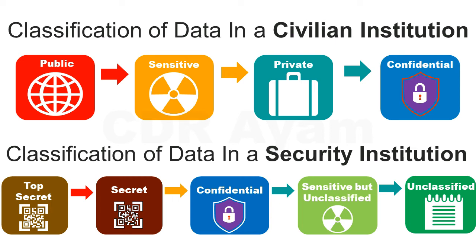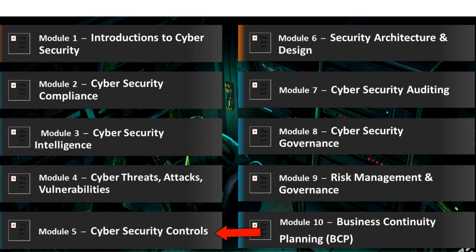Though the classification of data varies depending on the institution, it is important to note that it serves the same purpose, that is, enforcement of data protection and data integrity assurance. Because data classification is a form of cybersecurity control, I will not explain in detail, since we'll be covering the various forms of data classification in both a civilian setup and a security setup in Module 4 when learning about the various cybersecurity controls.